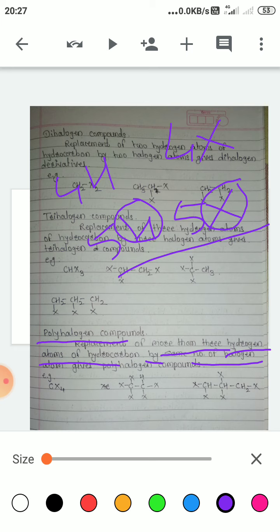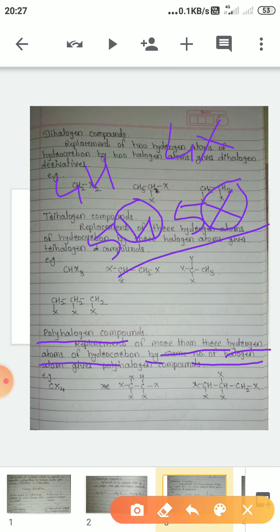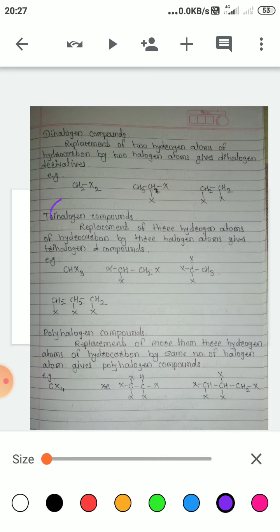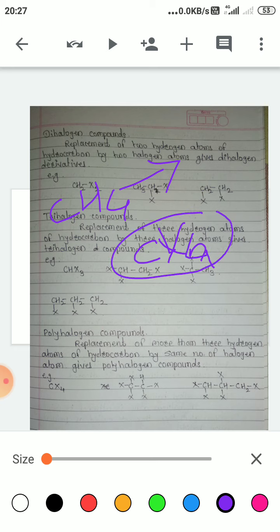If we take methane, CH4, and replace all hydrogen atoms of methane by halogen atoms, we get the formula CX4. That means it contains more than 3 halogen atoms. In the same way, we can replace more than 3 hydrogen atoms of ethane.